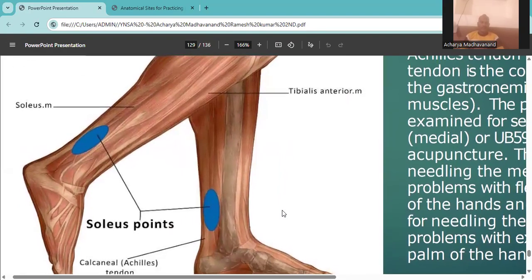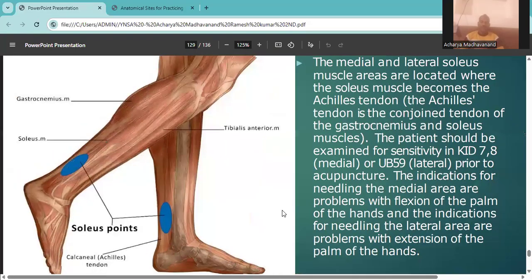You see Soleus point. This point is used for finger movements. There are medial and lateral points. The medial point location is kidney 7 and 8, and lateral point location is UB 59. When you have a patient and he cannot make a fist, then you use anterior point, kidney 7 and 8 area point.